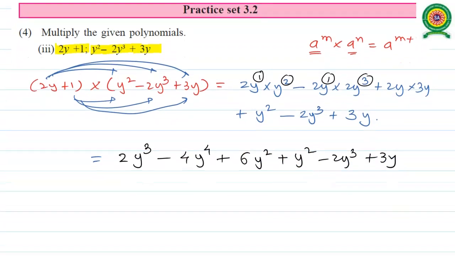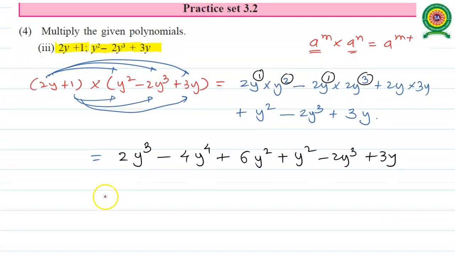Try to collect the like terms now. Look at the first and the second last terms, 2y cube with a plus sign and with a minus sign, getting cancelled, which gives 0. Now we remain with the single term for y raised to 4, so minus 4 times y raised to 4. Now there is 6 plus 1.